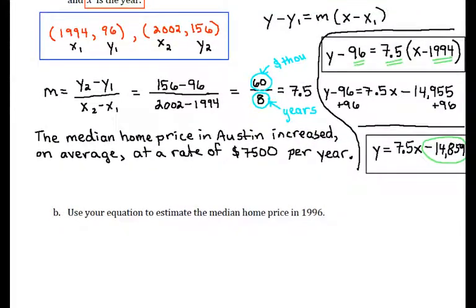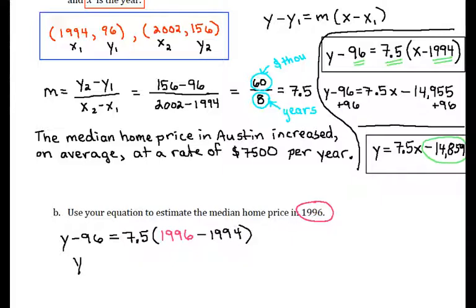We can use either of these to estimate the median home price in 1996. I will choose to use the point-slope form just because of the characteristics I was just talking about. So if we say y minus 96 equals 7.5 times, I'll just plug that 1996 in for x, and the rest of it is just the exact formula we already found.